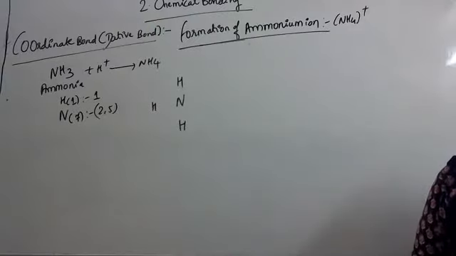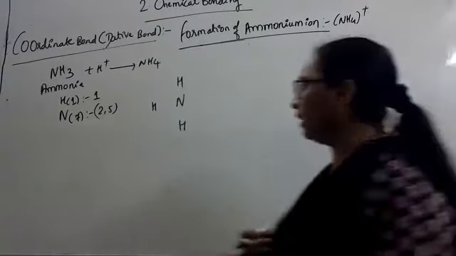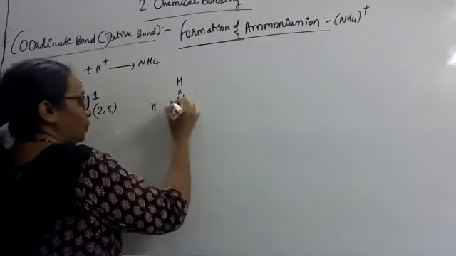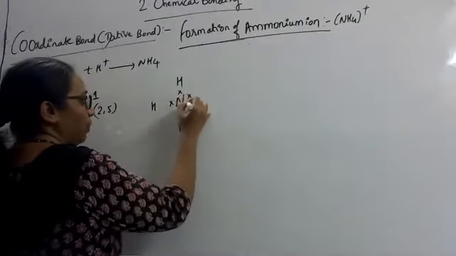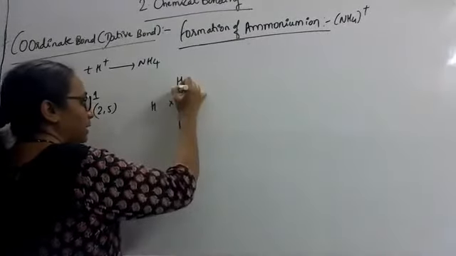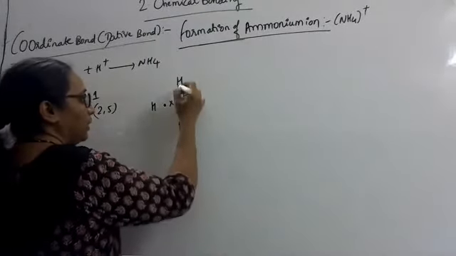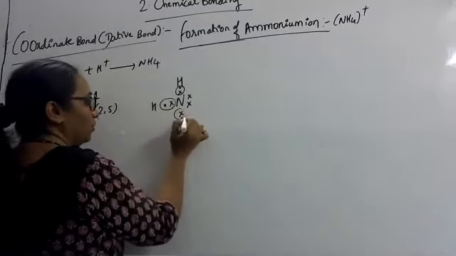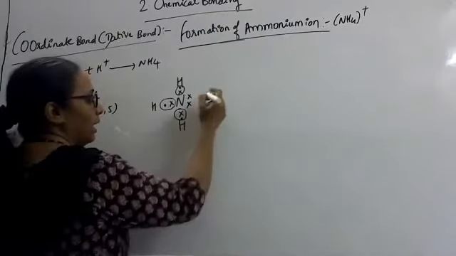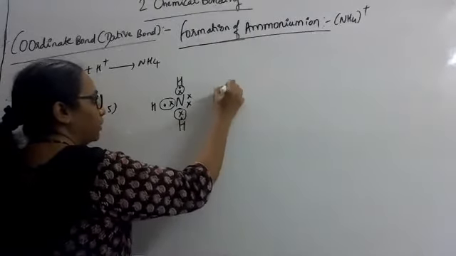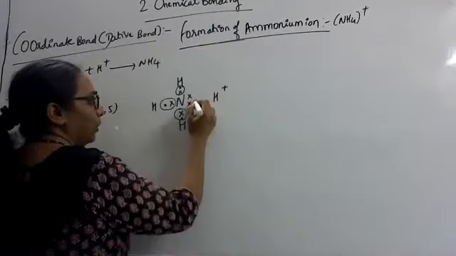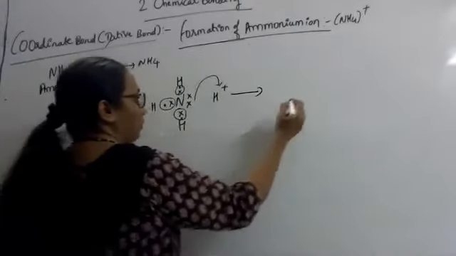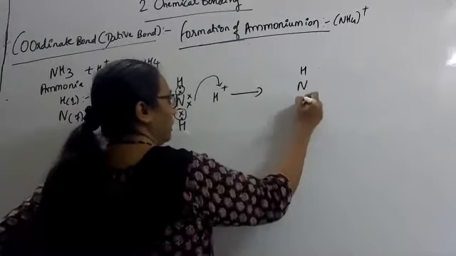Nitrogen is surrounded by how many electrons? 5 electrons: 1, 2, 3, 4, and 5. And this one electron of hydrogen. So here again, nitrogen is sharing these 2 electrons. What are we adding over here? Hydrogen ion. So these 2 electrons are shared with the hydrogen ion. So what will it form? Again the same structure.